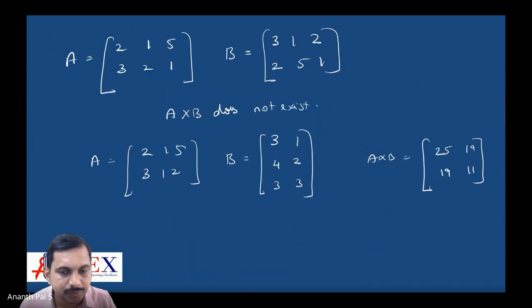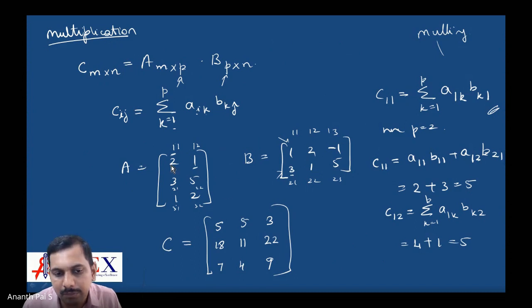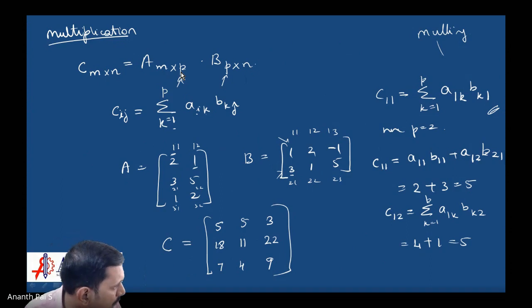Now, one more point in multiplication is that the number of columns should be equal to the number of rows. Otherwise, multiplication is not possible. Generally, we write an M cross P matrix and a P cross N matrix. So this and this should be the same. M is the number of rows and P is the number of columns.